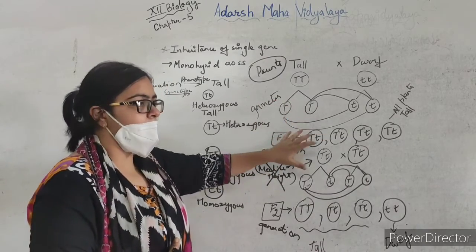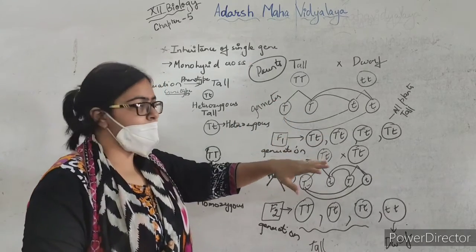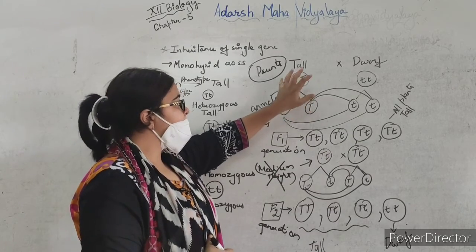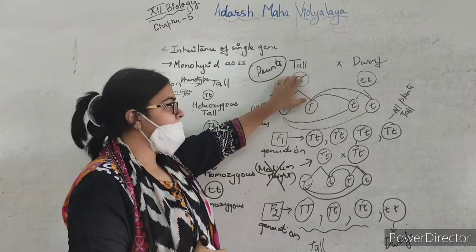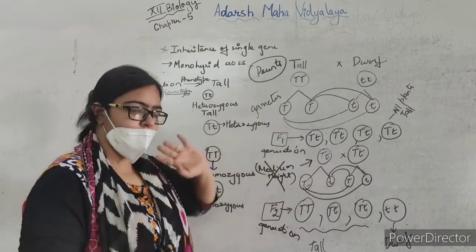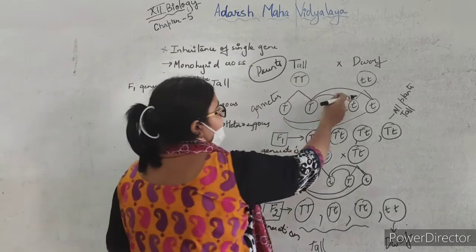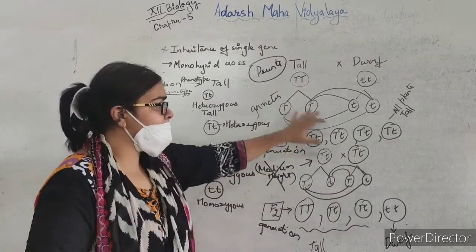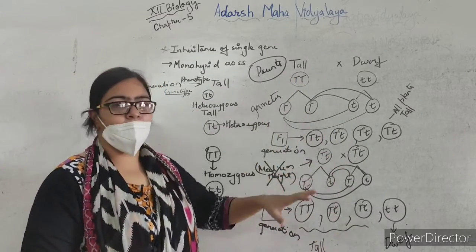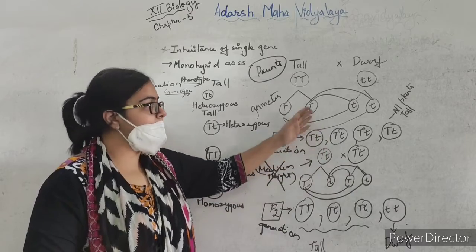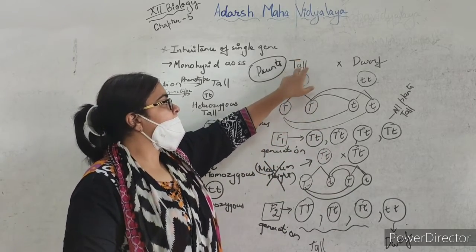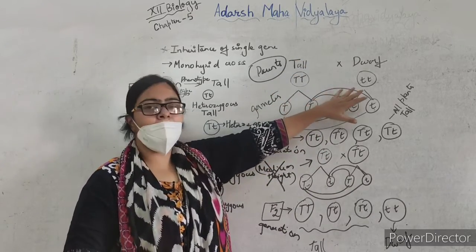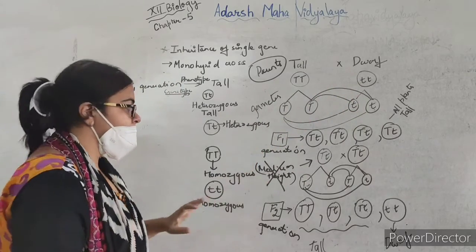So it's better when we talk about these hybridization experiments, we take a capital letter for the dominant trait and a small letter for the recessive trait. You can also take it as D, small d, but that will be confusing when you describe or conclude the result. So when we are taking capital T for tallness, we will take small t for dwarfness, that is the recessive character.